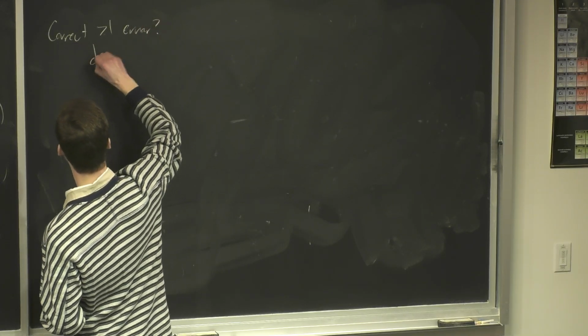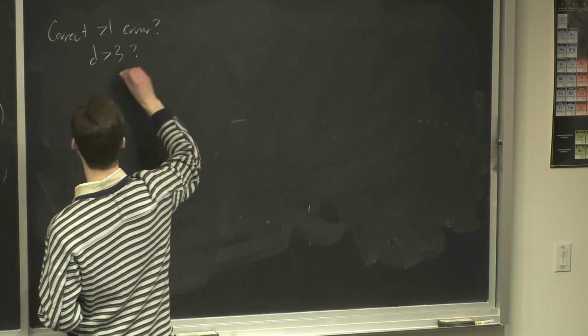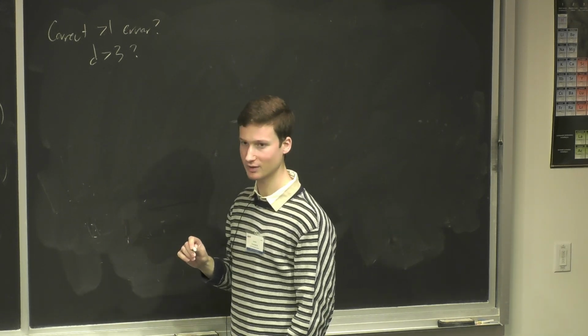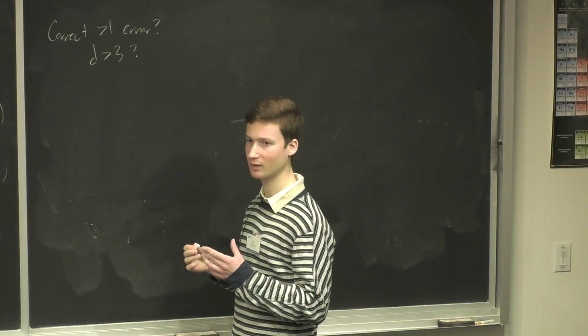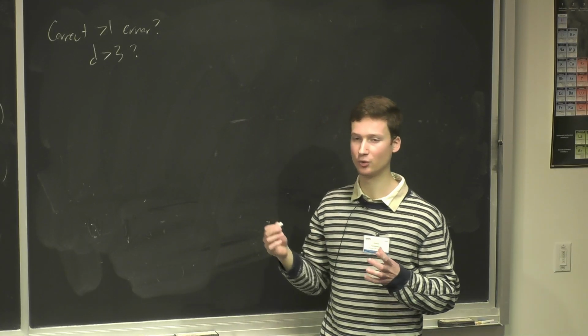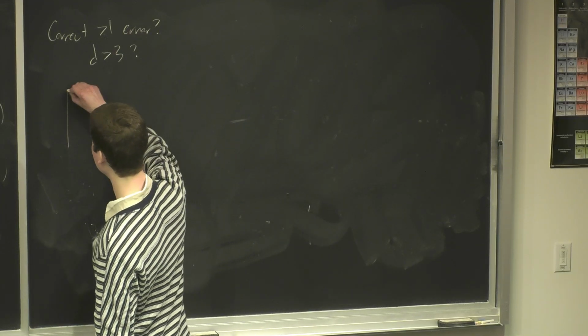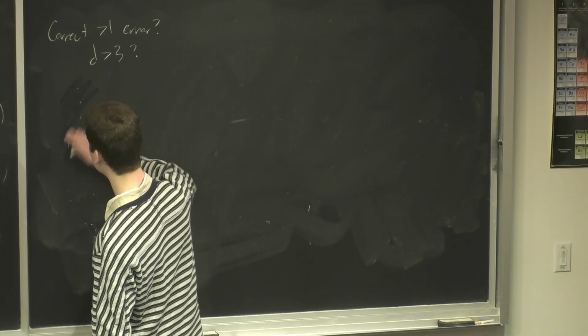Or equivalently, we want maybe distance greater than 3, because we saw the Shor code is distance 3. A very simple thing we can do is just remember how we constructed the Shor code, where we concatenated 2 repetition codes. And actually just keep on concatenating, but now we can just concatenate the Shor code directly.